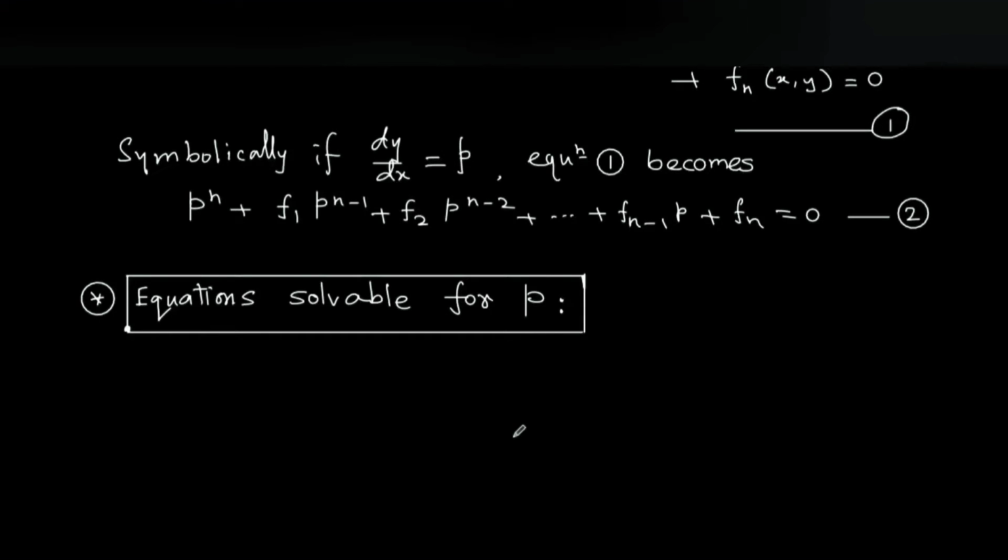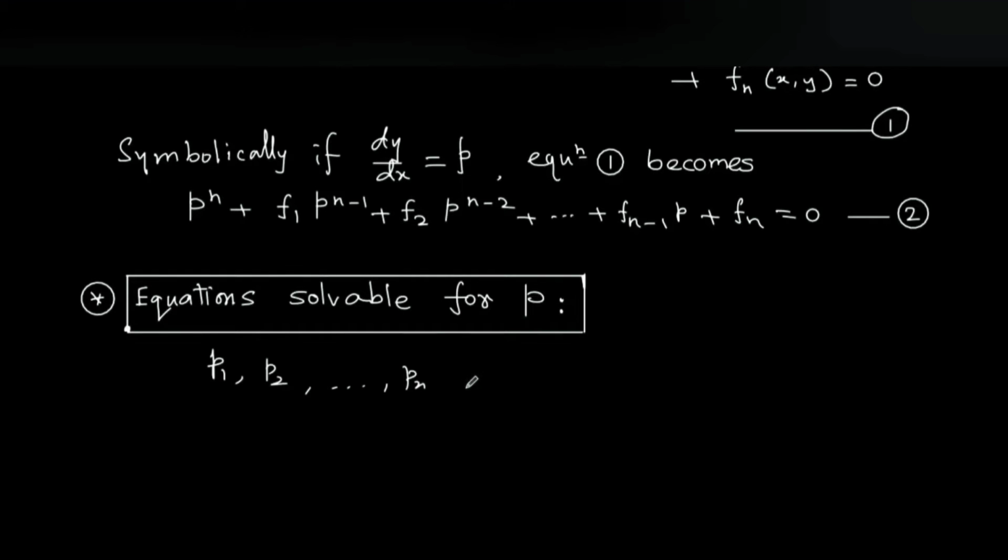See, equation 2 can be considered as an algebraic equation in p. So equation 2 must have n roots. Let's say p1, p2, pn be the roots of equation 2.